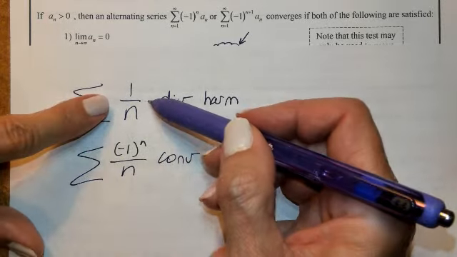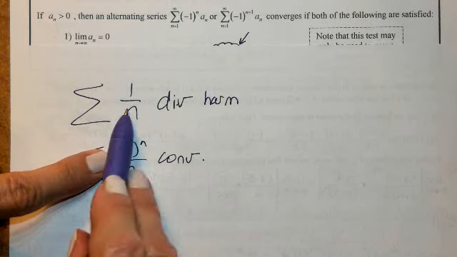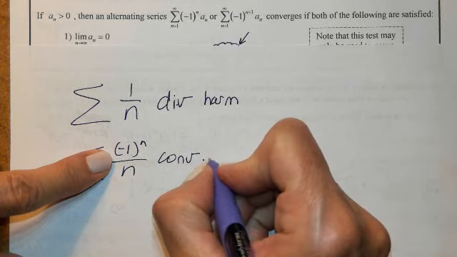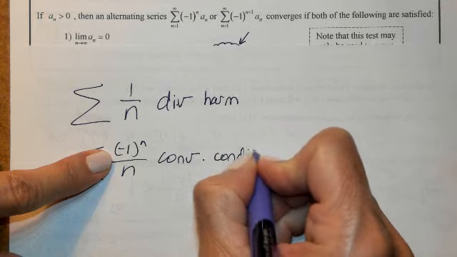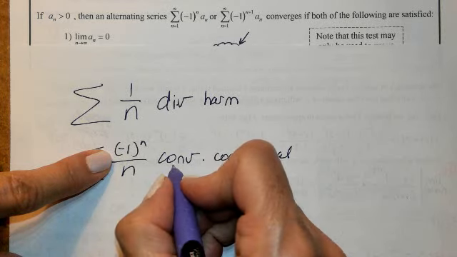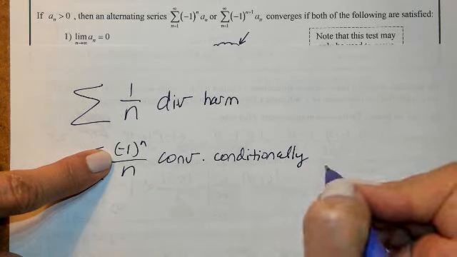So in this case, the non-alternating diverged, but the alternating version of it converged. We call this conditional convergence, or converges conditionally, either one.